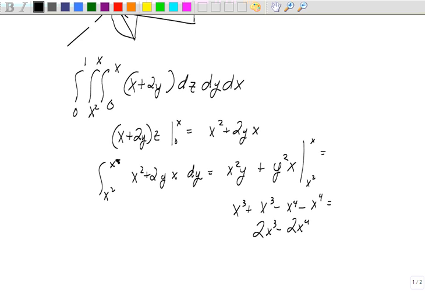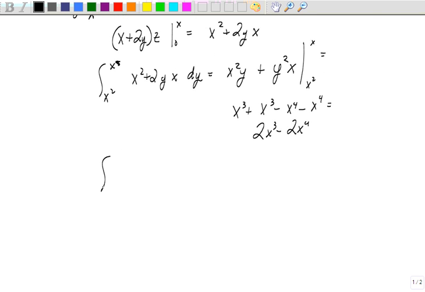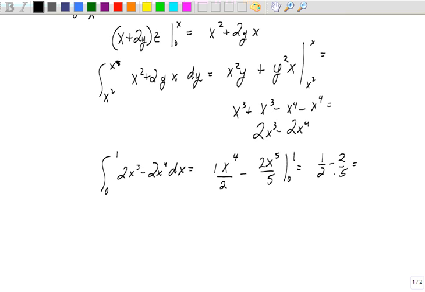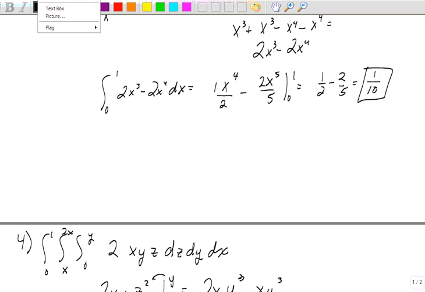Then I'm going to integrate that with respect to x.